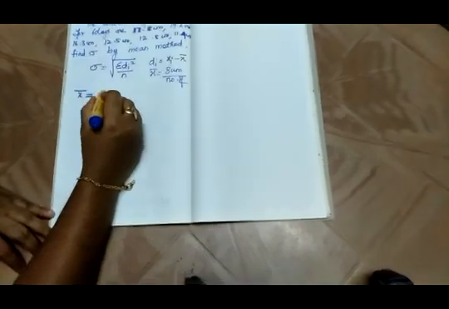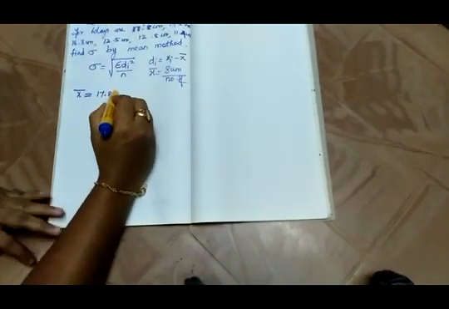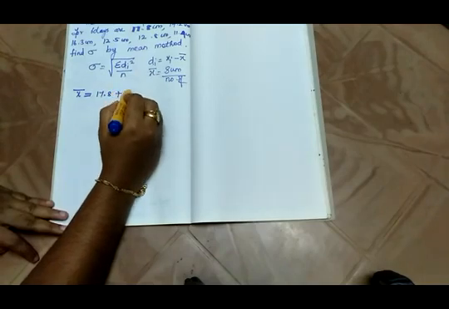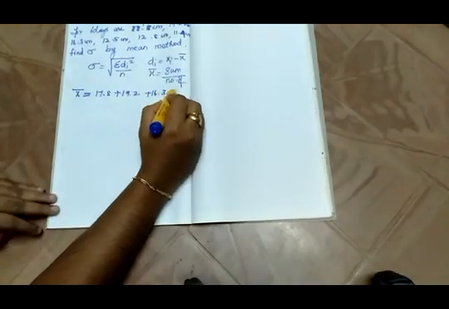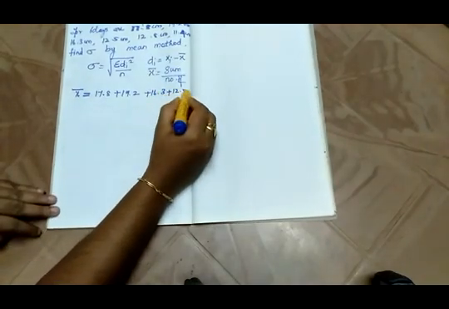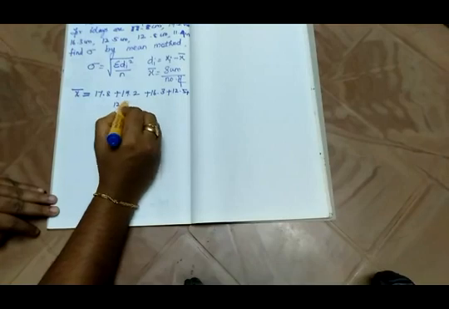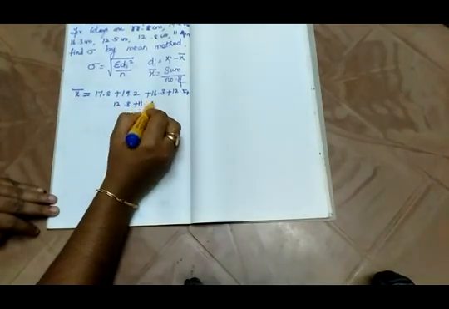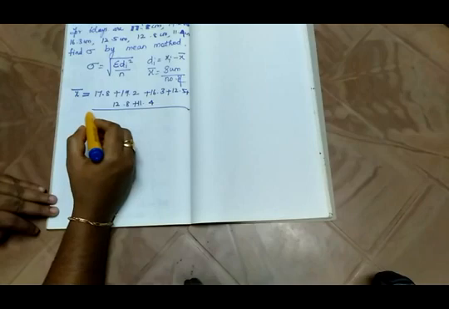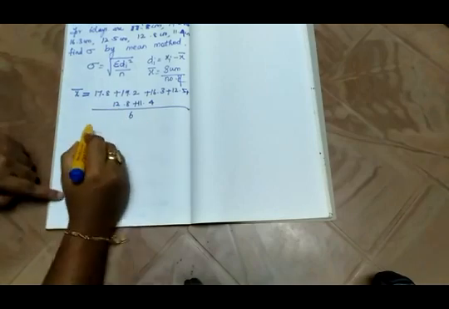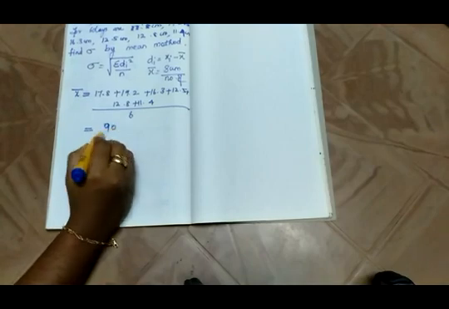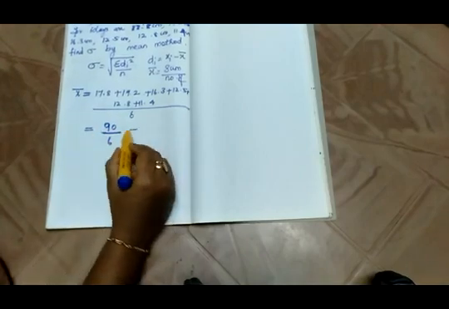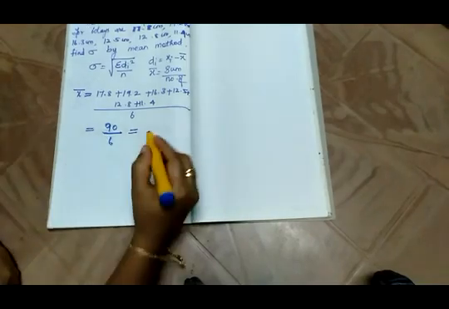So add it please. 17.8 plus 19.2 plus 16.3 plus 12.5 plus 12.8 plus 11.4, the whole divided by small n, which is how many? So if we add, we'll get 90 by 6. 90 by 6, 15.